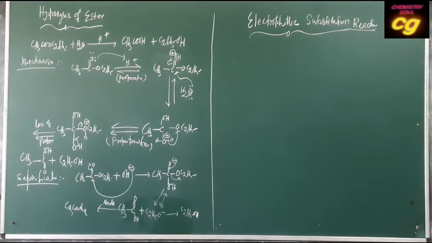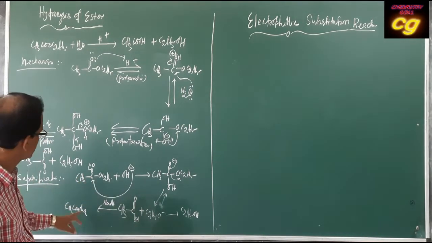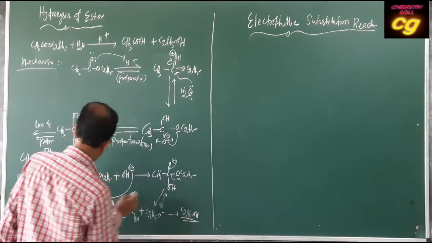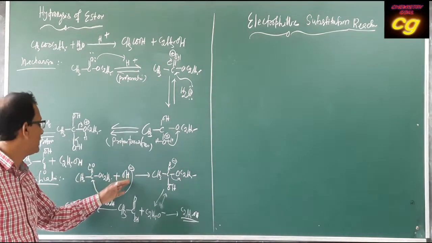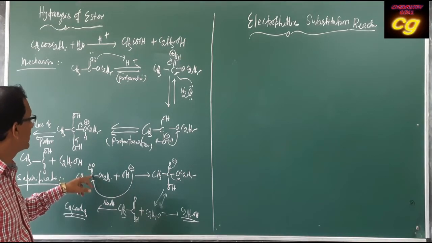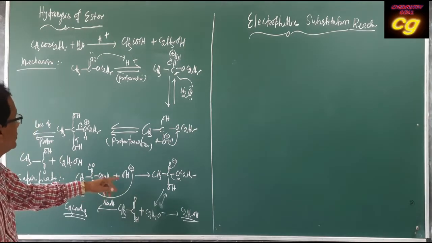So in saponification, ester hydrolyzes to produce sodium salt of acid and alcohol, and this is called saponification. First the OH minus attacks the carbon having the double bond, and that is nucleophilic addition.